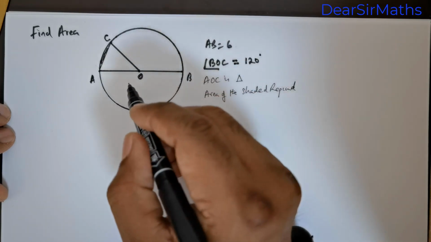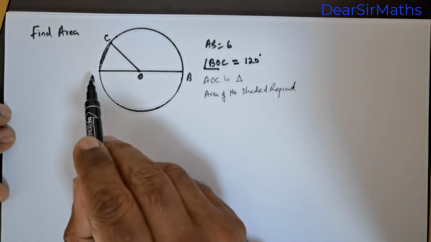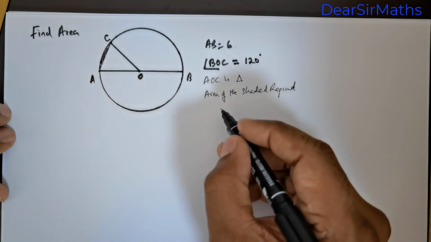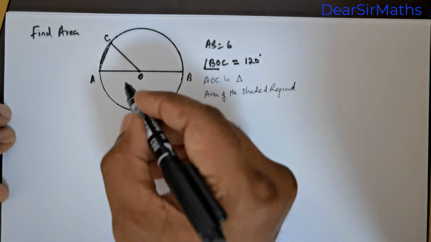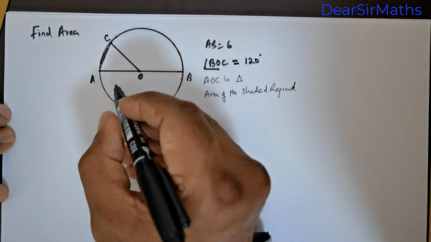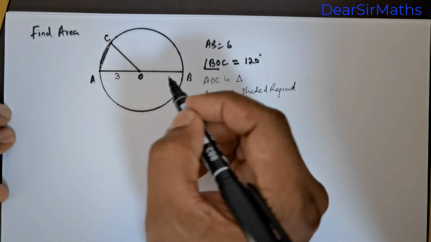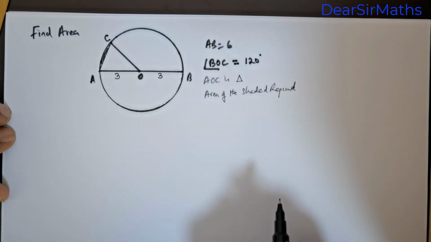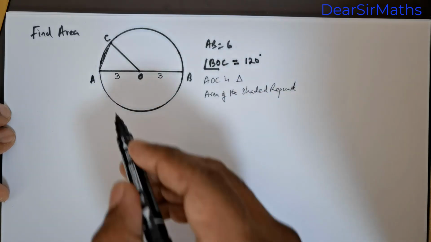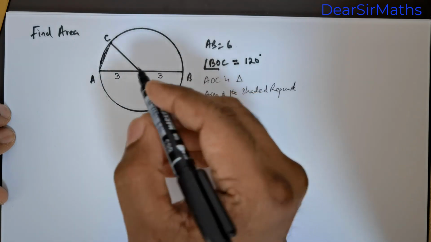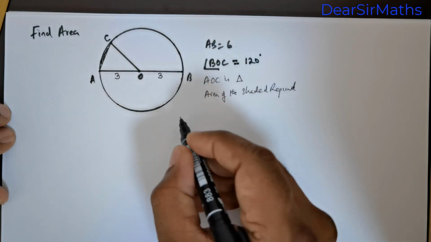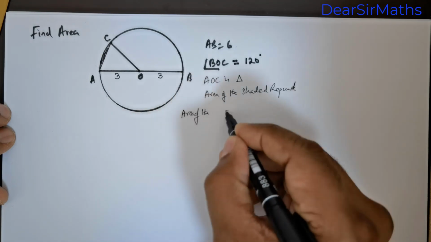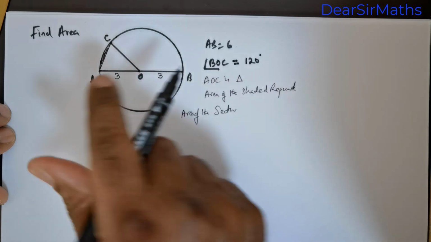So foremost, what are the observations that I see here? I see that AOC is a triangle and AB is equal to 6, so AO is going to be 3 units and OB is also going to be 3 units. Now to get the area of the shaded region, we have to calculate two things: area of the sector AOC.